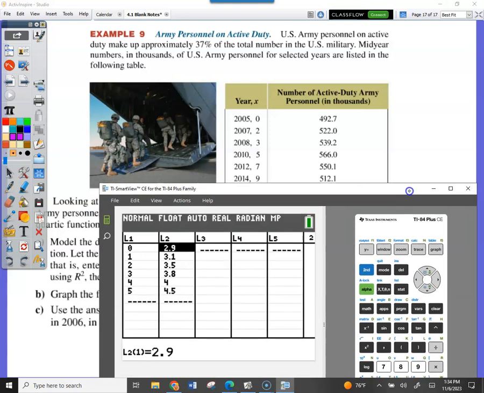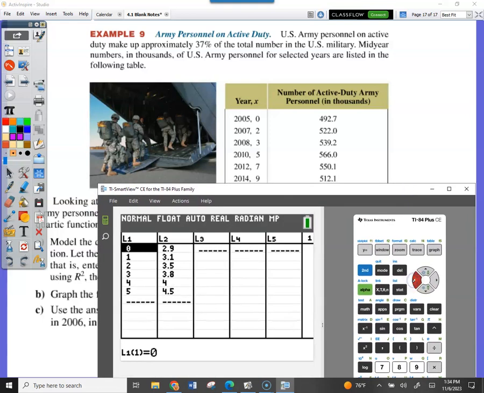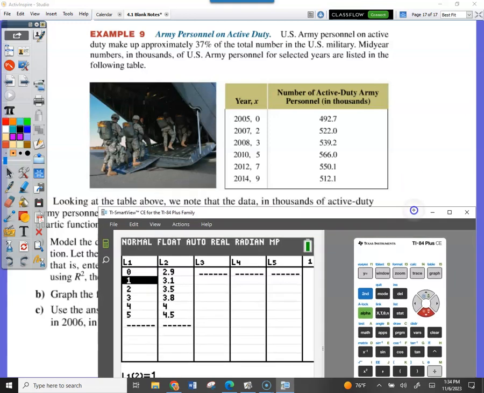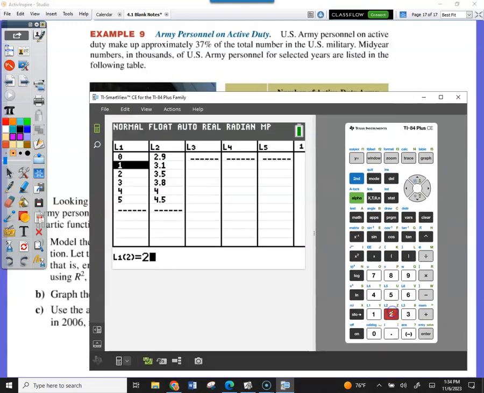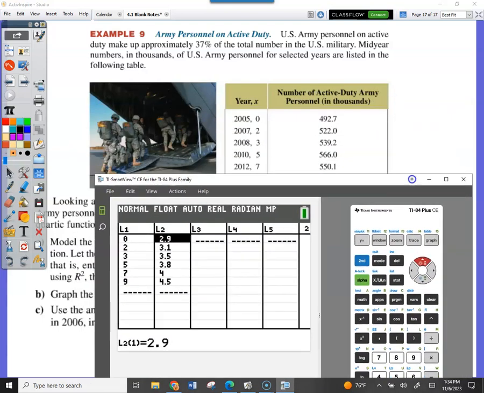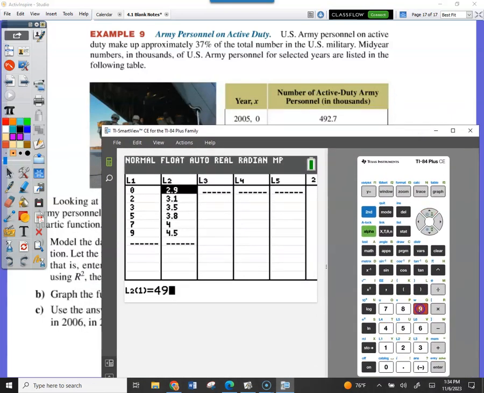I was going to say it's already there, but it's not. So at 0 years, 2, 3, 5, 7, 9. Somebody's going to have to read this to me because it goes off the screen. I got 492.7.